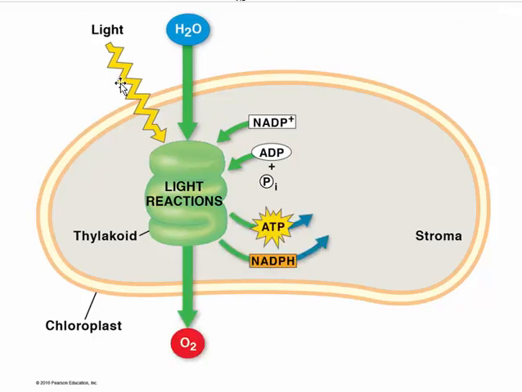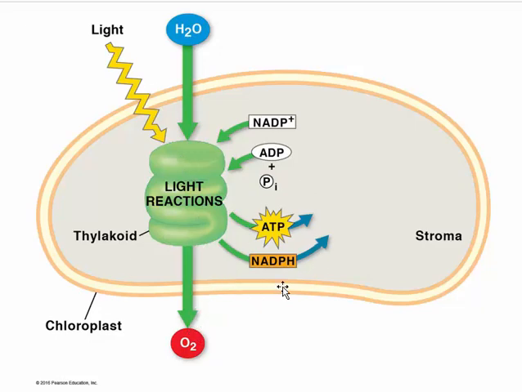When that light energy boosts electrons to a higher energy state, those can be passed off to this NADP plus, and then it becomes NADPH. That's an electron carrier. We're going to make a bit of ATP. We'll see how that works. And we're going to produce oxygen as a consequence.